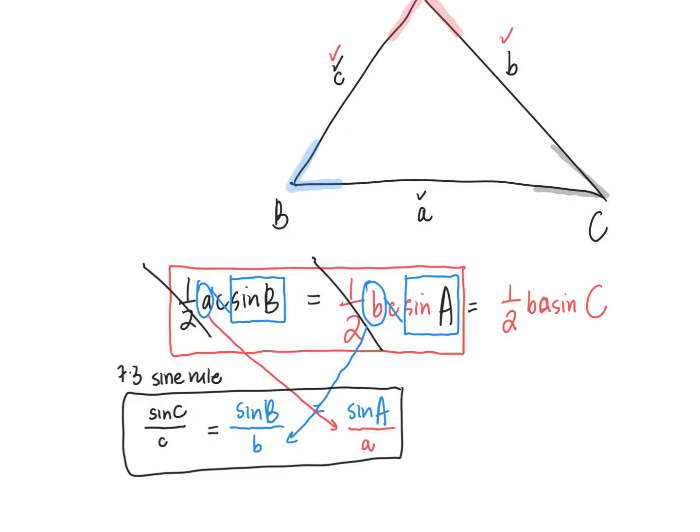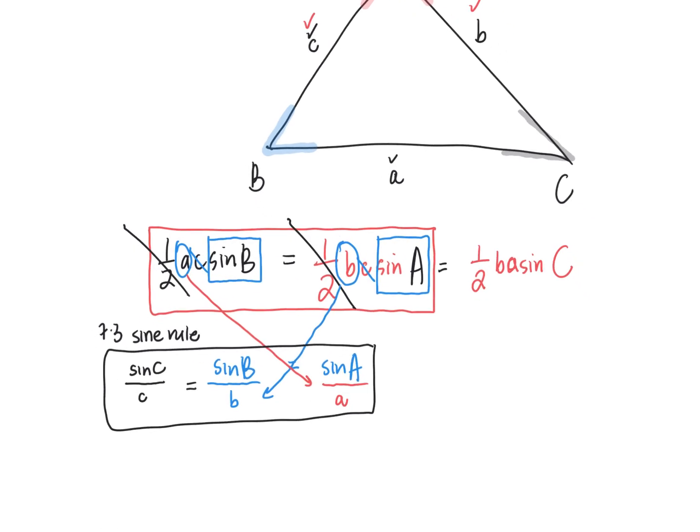If you are not convinced, let's just try to compare these two. Half BC sine A, half BA sine C. Let's cross out everything that is the same.